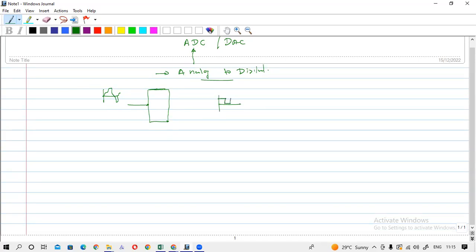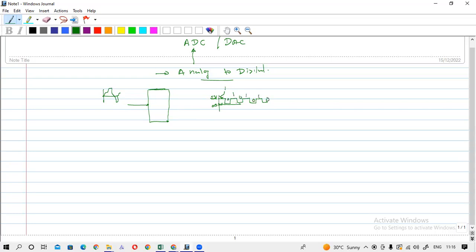The digital signal has only two levels: a high voltage level and a low voltage level, maybe 5 volts or 0 volts. We already know these are represented using a 0 or 1, so these are 1 0 1 0, like this.